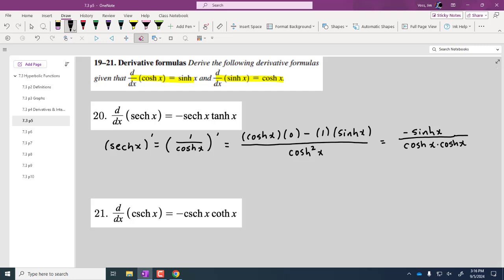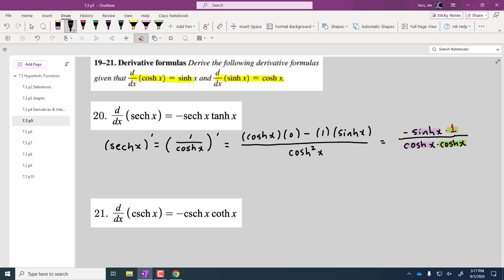And then we're almost there, because in the numerator, we can think of this as minus sinh times 1. And so we can form 2 fractions. We can form the fraction of sinh over cosh, which is tanh. And we can form the fraction 1 over cosh, which is sech. That will be the hyperbolic secant.